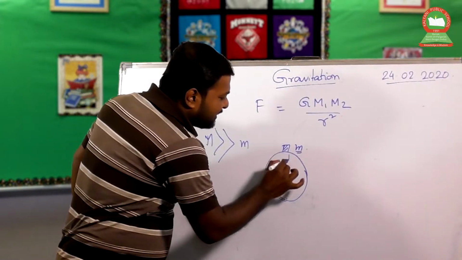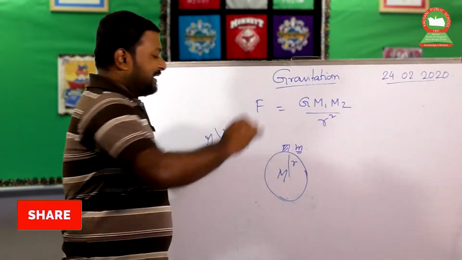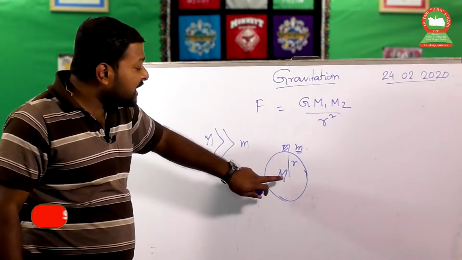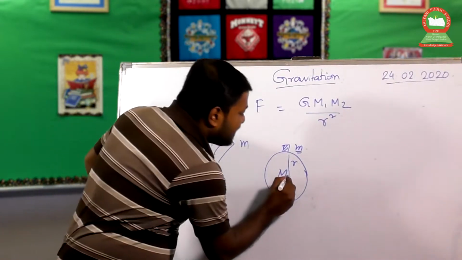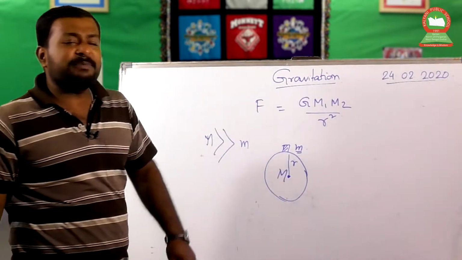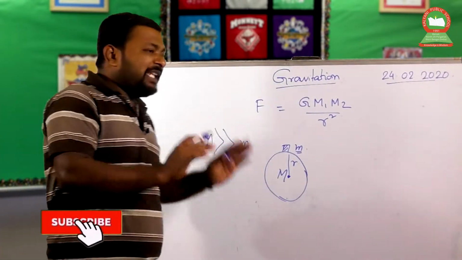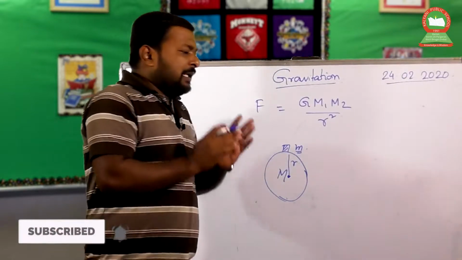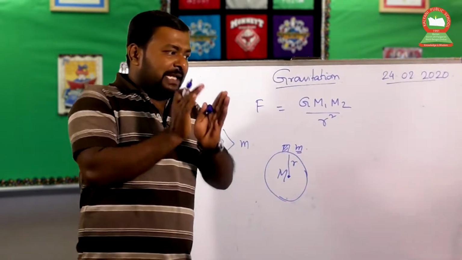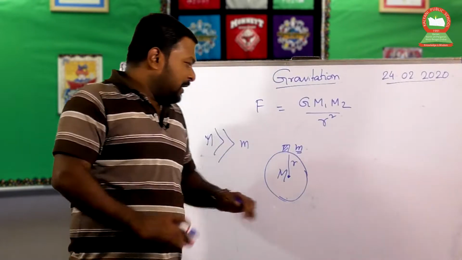Now there is a distance between these two masses, which is r. Why? We consider the distance from the center of the Earth. There is an important concept called the center of mass of a body. A body may be huge, but the mass is effectively concentrated at a particular point.